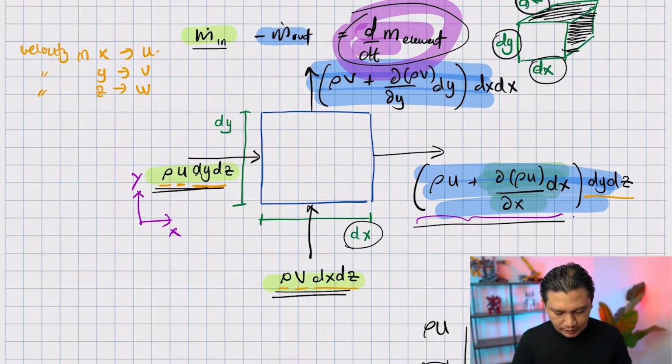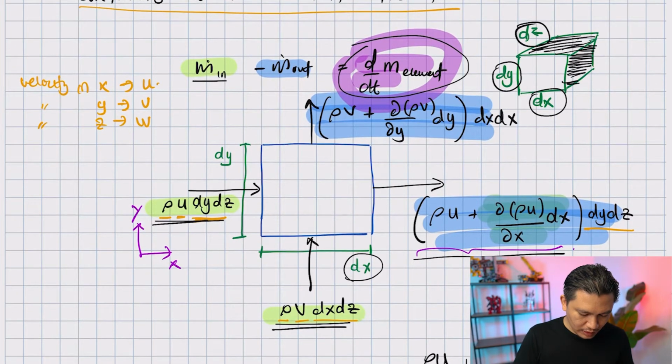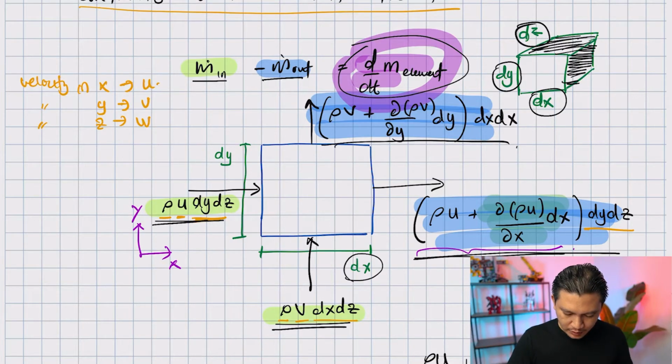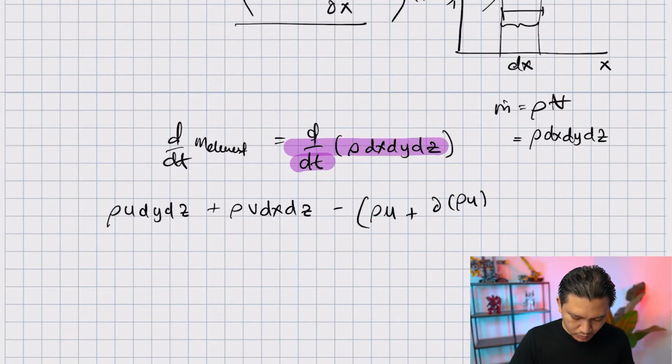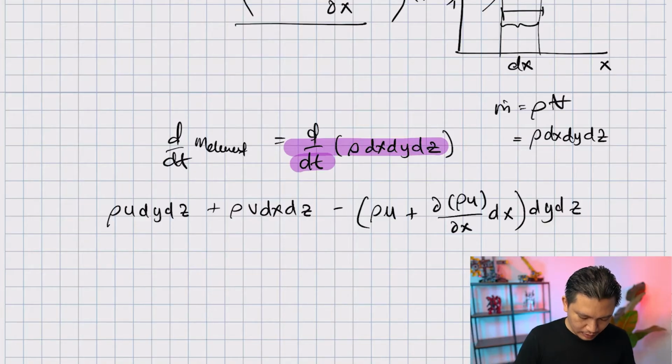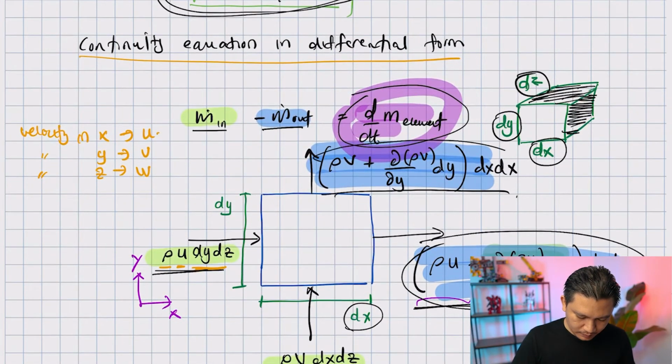Okay, now the flow rate that goes out, we must use a negative sign. So for m dot out, we have these two terms, which is quite lengthy, right? So let's start with this term first. Okay, so this will be minus rho u plus del rho u over del x dx times dy dz, and then minus this term.